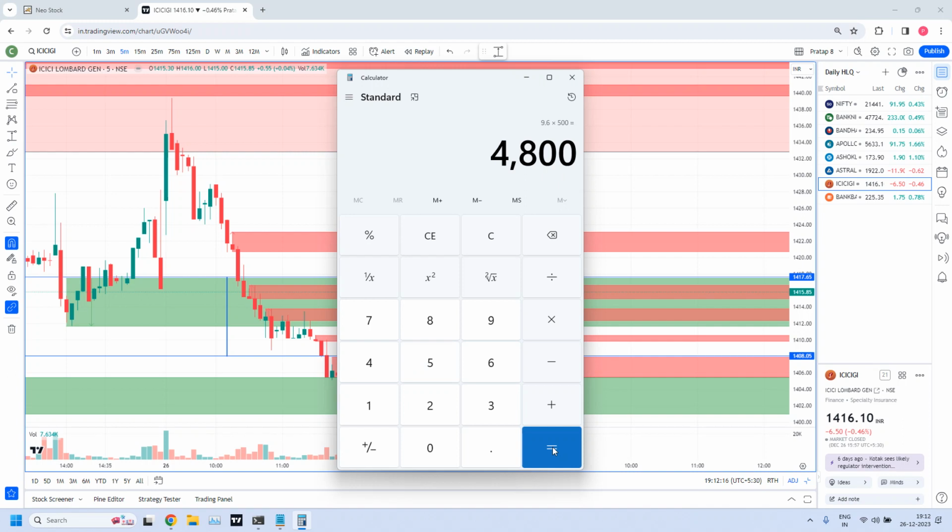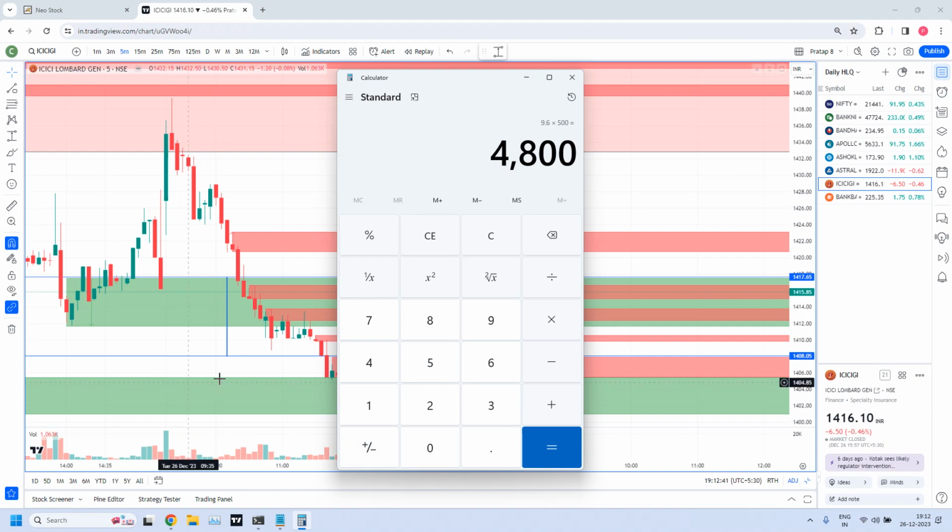Now if you add this 4,800 rupees, you would have got 15,875 rupees profit instead of 11,075, by implementing this trailing stop loss concept.